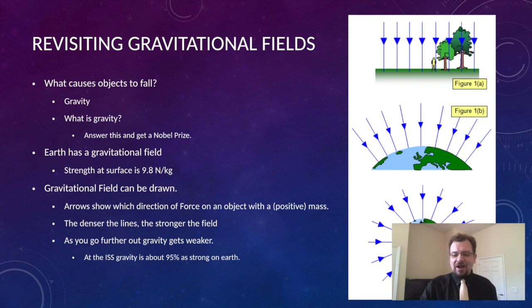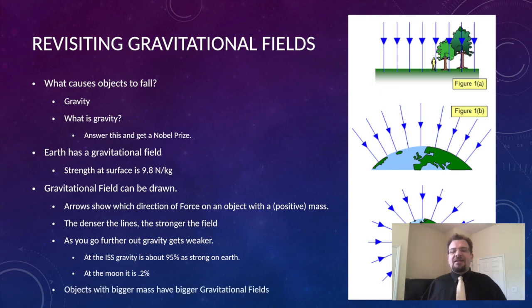Going further out, if you go 250,000 miles out, you get to the moon, which is way far away, and there the Earth's gravitational field is only about 0.2% as strong as it is right here standing on the planet. And of course, objects that have bigger mass have bigger gravitational fields.